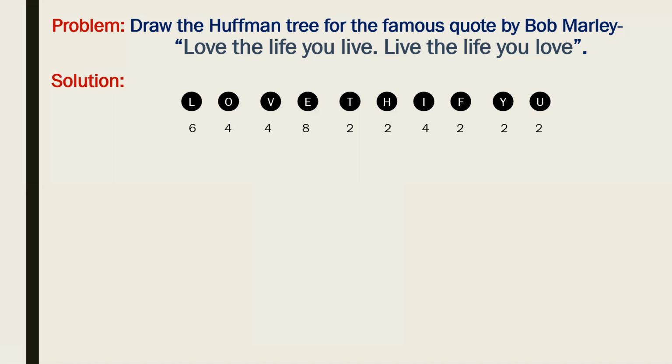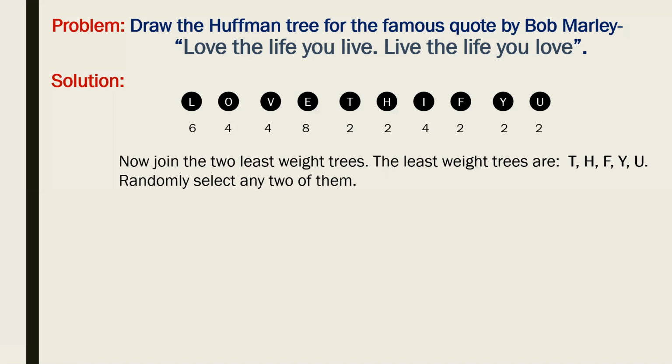Now we have to combine the two least weight symbols. Here we find the least weight is 2, but this least weight belongs to 5 symbols: T, H, F, Y, and U. So we can pick any 2 of them randomly.